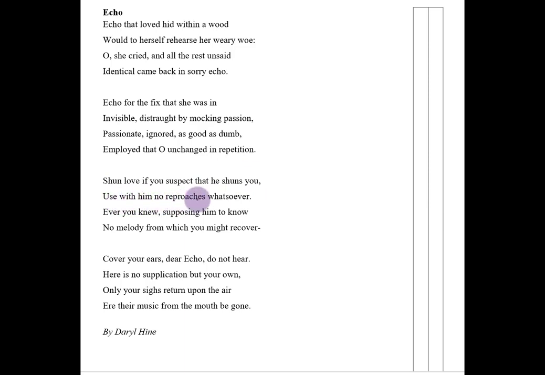Use with him no reproaches whatsoever. Ever you're new, supposing him to know no melody from which you might recover. Cover your ears, dear echo, do not hear. Here is no supplication but your own. Only your sighs return upon the air, ere their music from the mouth be gone. And that's by Daryl Hine.